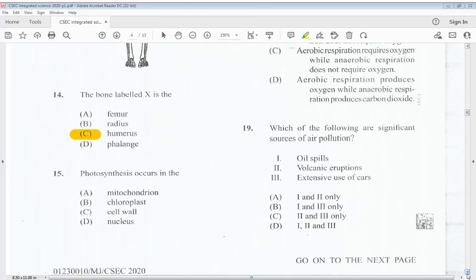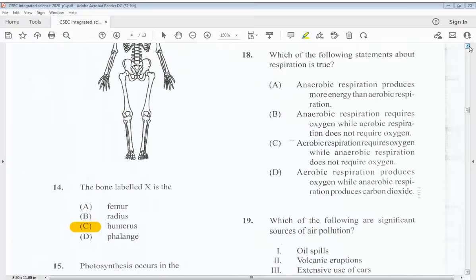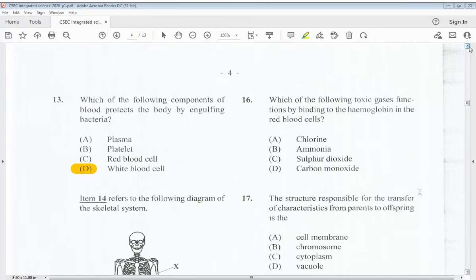Photosynthesis occurs in the chloroplast. Let's go to number 16. So the answer for 16 is D.